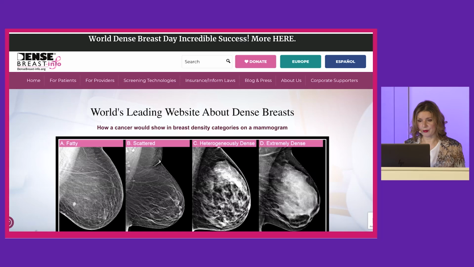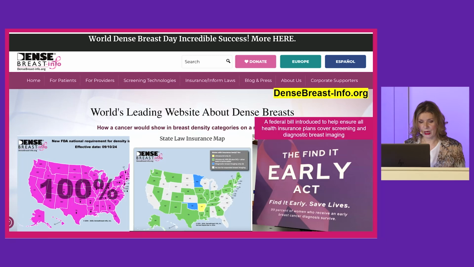And there is a great work that has been done by the world leading website about dense breast, which is densebreastinfo.com. It's very well known in the States, also in Europe. Now in the States, they have done great work. You can see the map of the USA all highlighted, every single state highlighted in pink, where every radiologist is practicing at the moment after the new FDA national requirement for density that was effective since October of 2024.